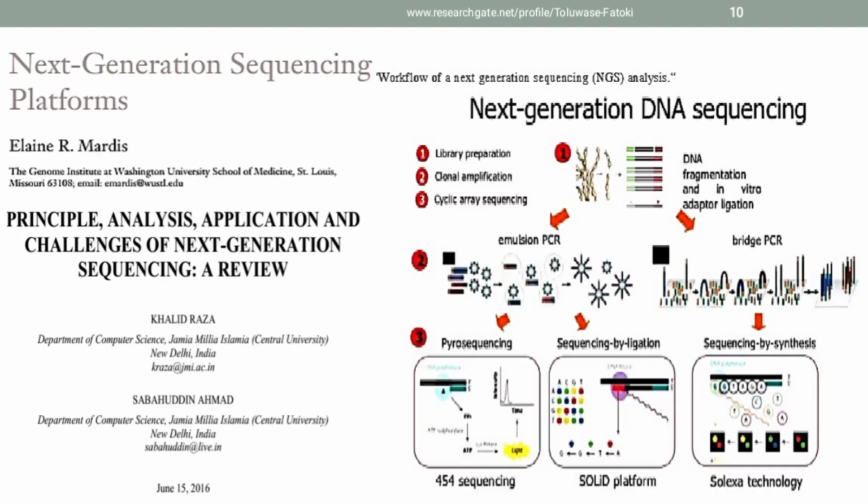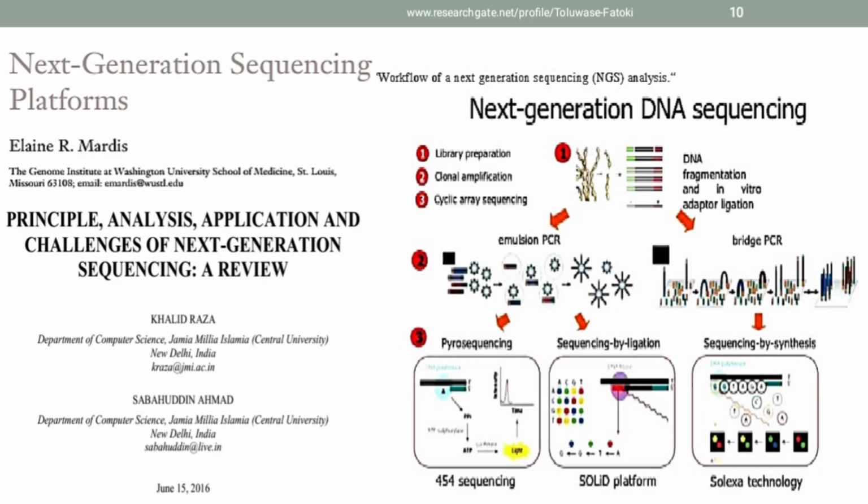So in these days, technology has increased and modified and built upon the Sanger DNA sequencing, and that's what we now refer to as next generation sequencing. Next generation sequencing involves, number 1, library preparation. Number 2, clonal amplification, that is, the gene segment that you are interested in, you amplify it.